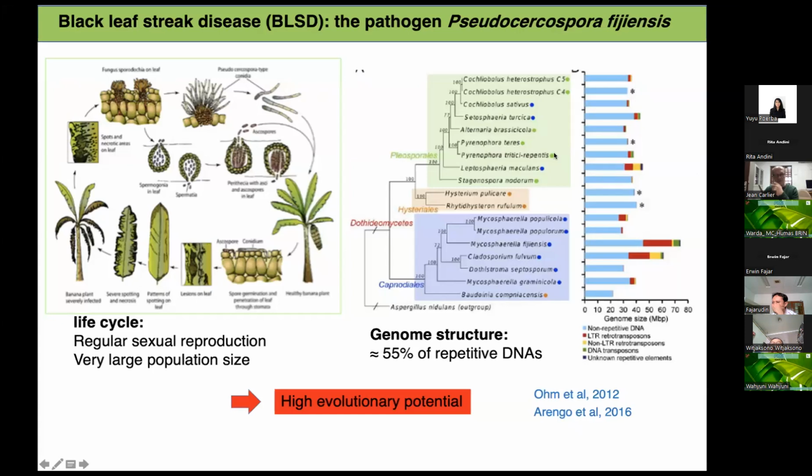The first genome sequenced showed that this species contains more than 50% of repetitive DNA, much more than other related species, as you can see here, in colors other than blue. And so because of these characteristics, we suspect that fijiensis has a high evolutionary potential.